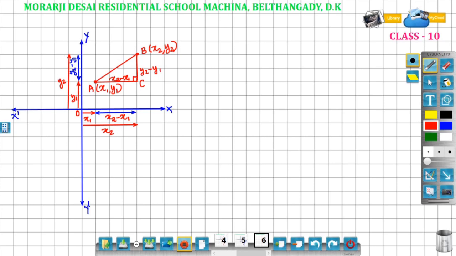Now apply the Pythagoras theorem. AB square is equal to AC square plus BC square. That is, AB square is equal to x2 minus x1 whole square plus y2 minus y1 whole square.